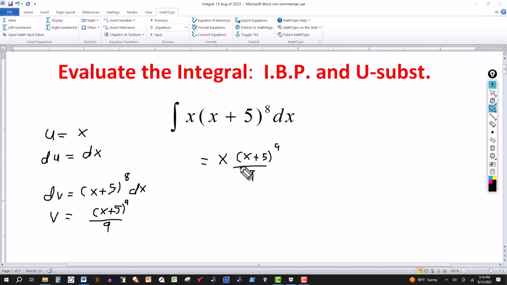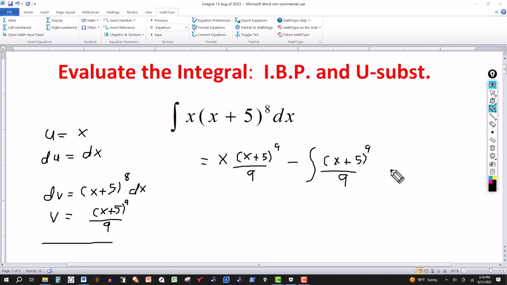So u times v. And then the next part of the formula is a minus and it has an integral. The first expression here is v, which is right here, so this will be (x plus 5) to the 9th over 9.